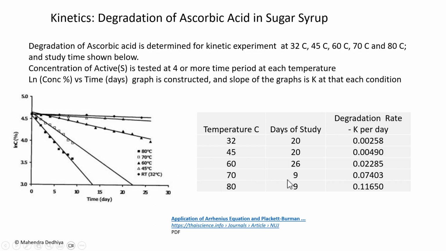The 80 degrees study was conducted for 9 days, and the degradation K value was calculated as 0.11650. Similarly, 70, 60, 45, and 32 degree studies were done. The 32 degrees study, for example, was done for 20 days and K was 0.00258. This data can now be used in the Arrhenius equation.